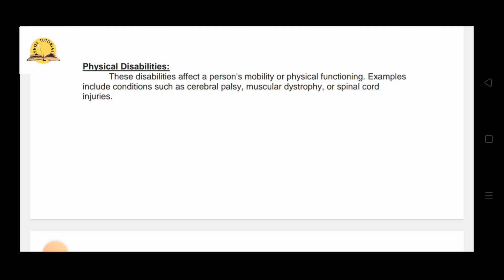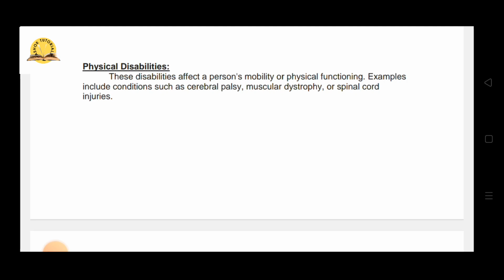So the individual who has physical disabilities is not able to move properly, is not able to walk properly, right? And they have conditions known as cerebral palsy, muscular dystrophy or spinal cord injuries.